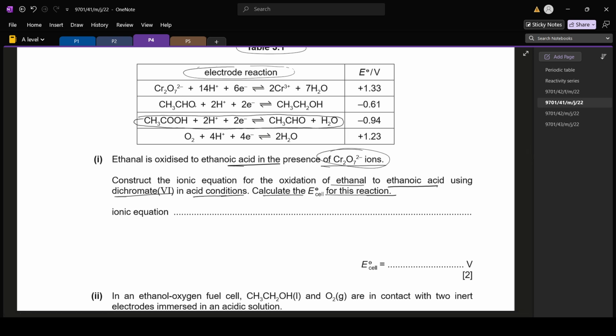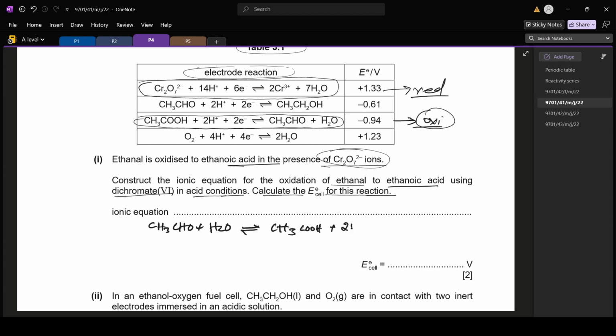You can see from here that the dichromate ions have the greater reduction potential, so this is going to be reduced and this is going to oxidize. For the oxidation we flip the equation: ethanol, CH3CHO plus H2O, becomes ethanoic acid plus 2H+ plus 2 electrons.